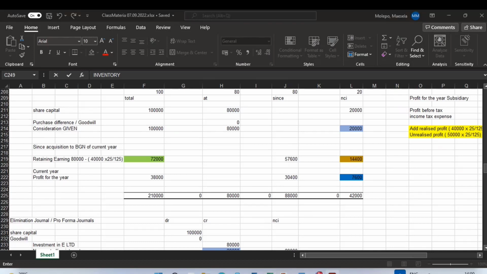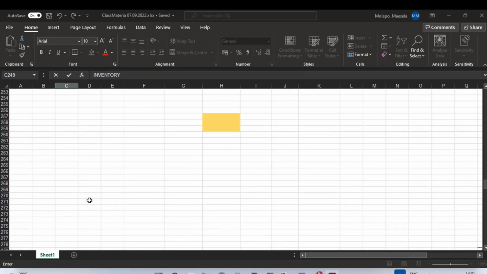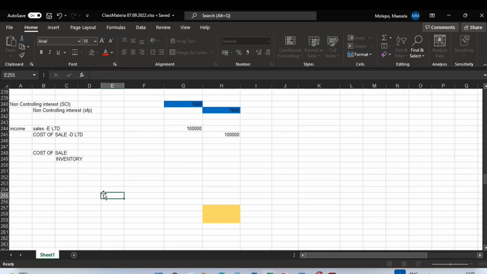Remember, they told us D Limited has an inventory of 50,000 at the end, not the 40,000 on 1 January. So we are trying to eliminate that profit from the 50,000. So it will be 10,000 as calculated.